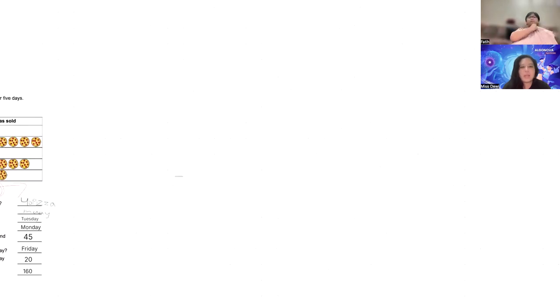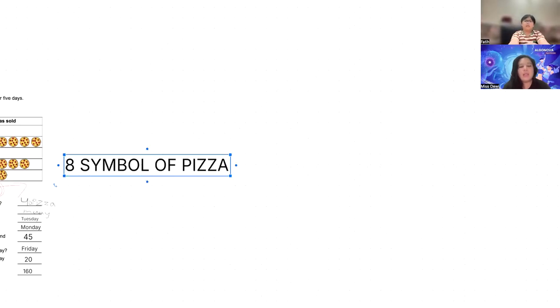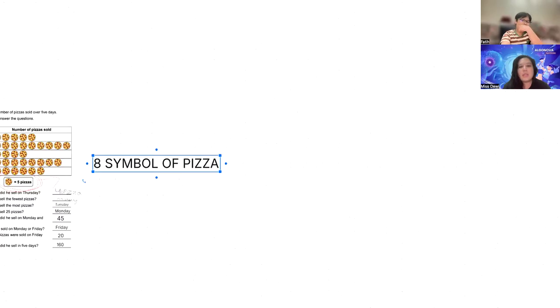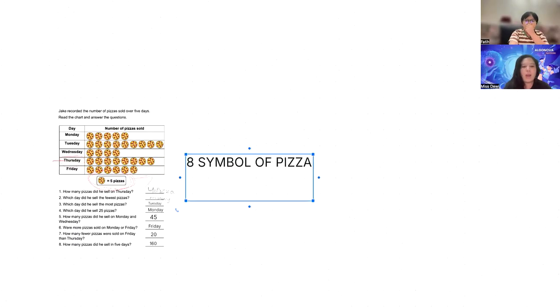But they're asking about the total of pizzas. Since one symbol equals 5, you need to count it as multiplication. 8 symbols times 5 for each symbol.